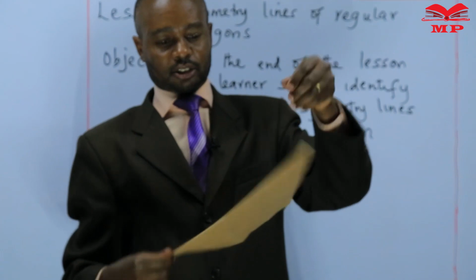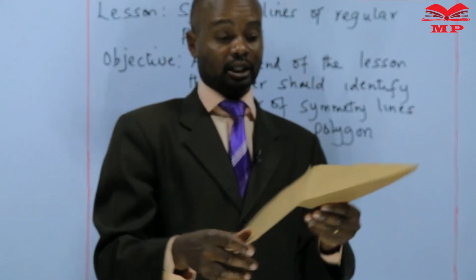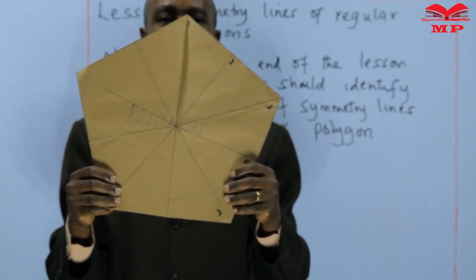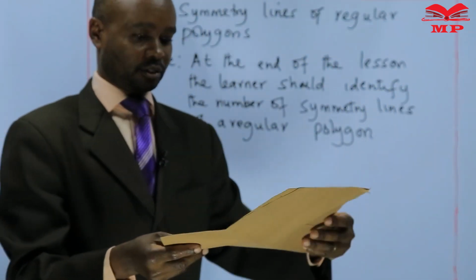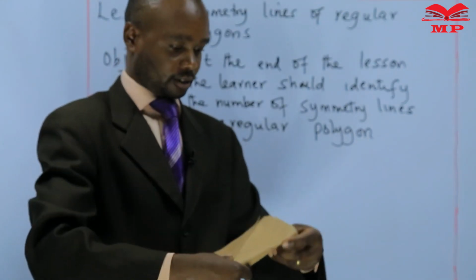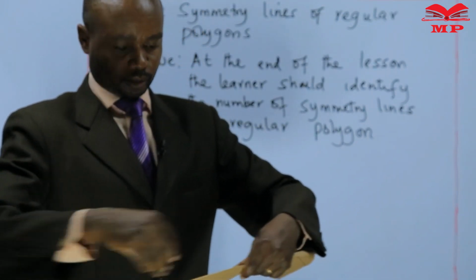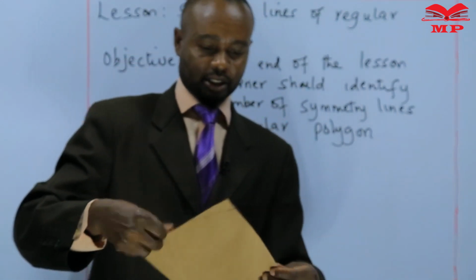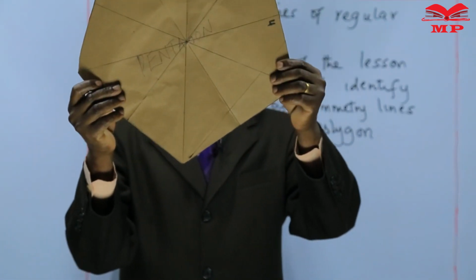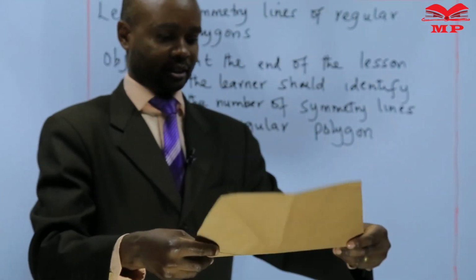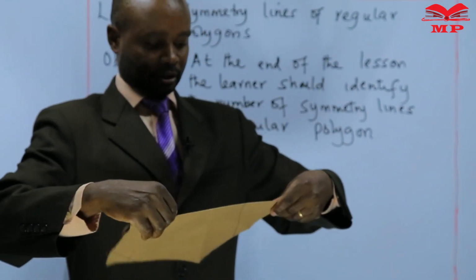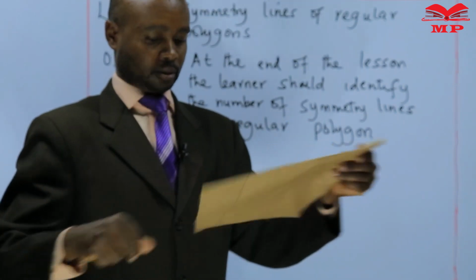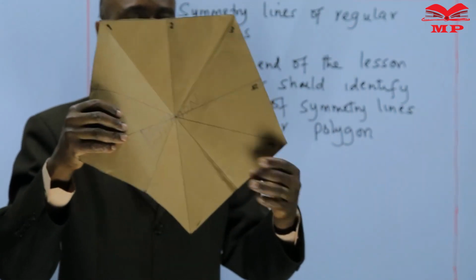So let's start. I fold it along a certain line, 1. Do I get 2 halves which are proportionate? Yes. I move to the second line. I fold. Do I get 2 proportionate halves? Yes. I move to the third line. Do I get 2 proportionate halves?